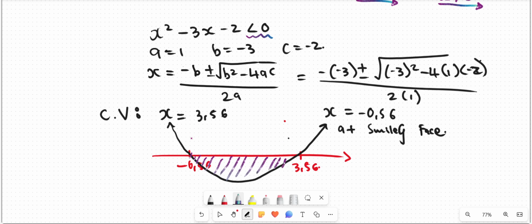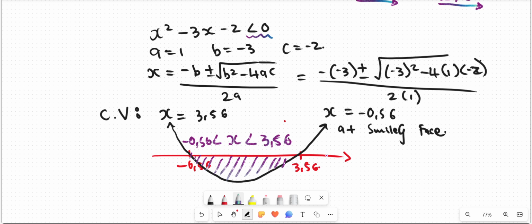So how do I write that? That means x will be greater than negative 0.56, but less than 3.56. And there we go. That is our range, and that's how you work with these things.